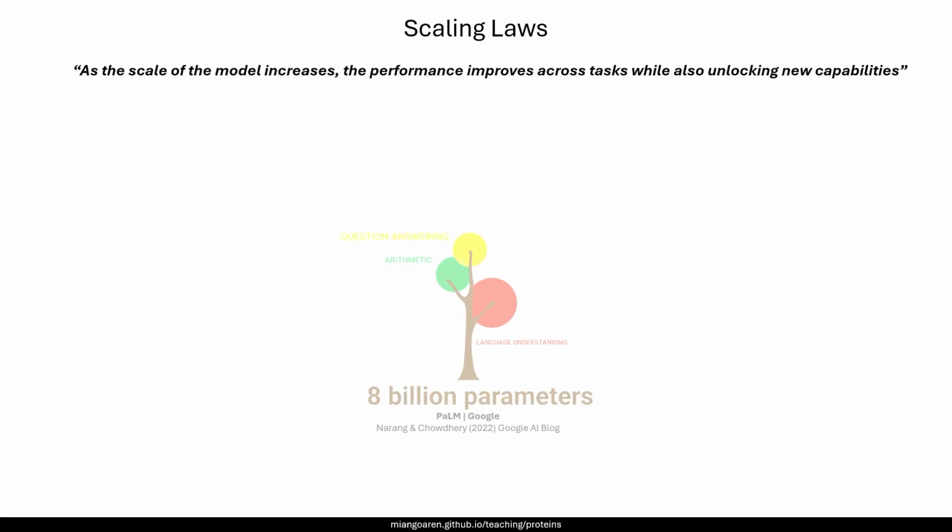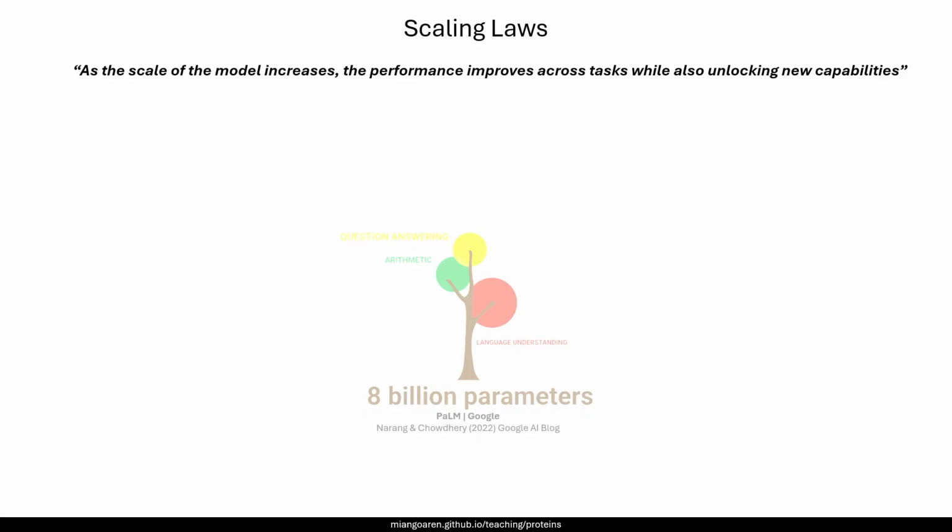So, for example, what we observe here is a language model called PaLM, which has 8 billion parameters, and at this magnitude it has language understanding capabilities, as could be expected, but it also has arithmetic and question answering capabilities.